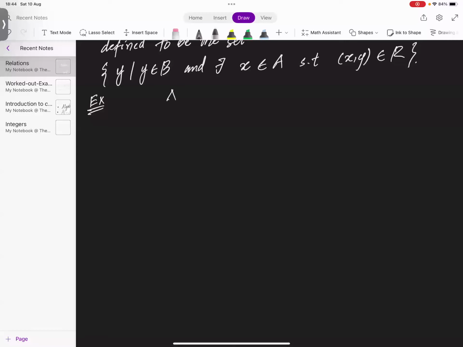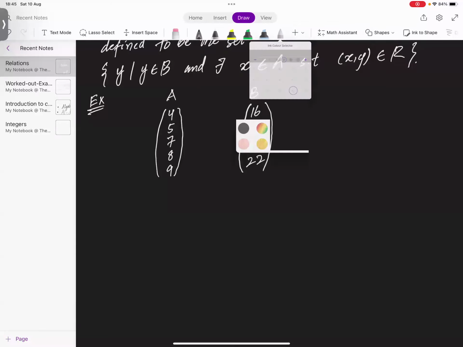Let's say we have a set A, which has elements 4, 5, 7, 8, 9. We have a set B, which has elements 16, 18, 20, and 22.